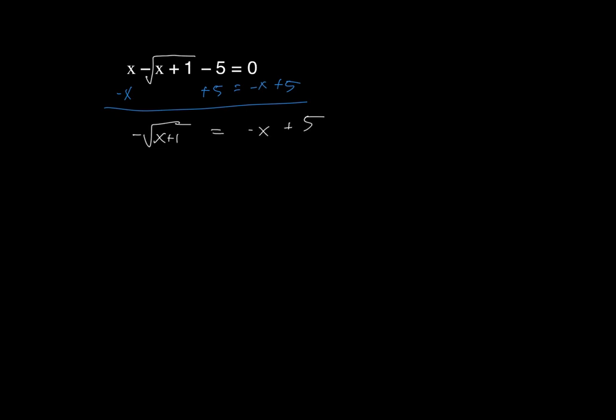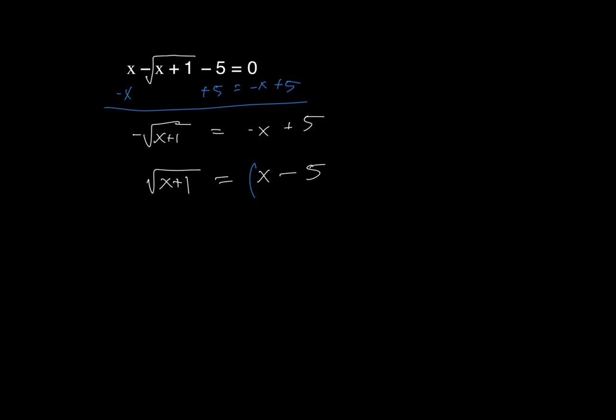I don't want the negative in front of the square root symbol. So I divide everything by negative 1 or multiply everything by negative 1, either way. If I make that positive, then this changes signs and that changes signs.